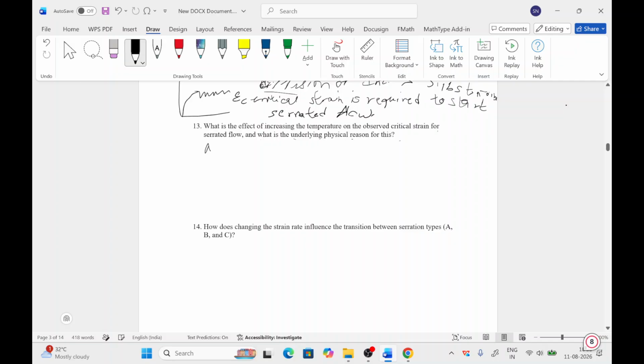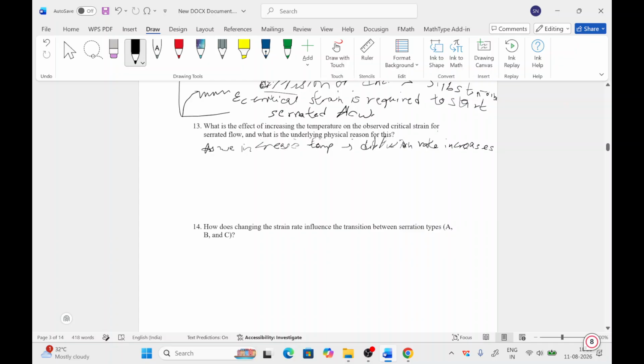So as we increase the temperature, the diffusion rate also increases.